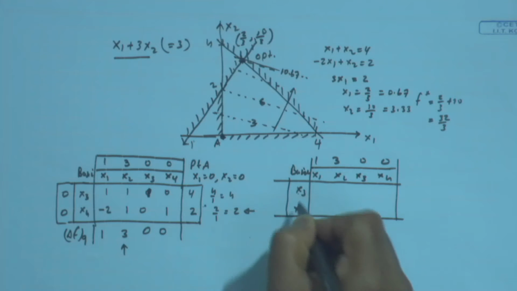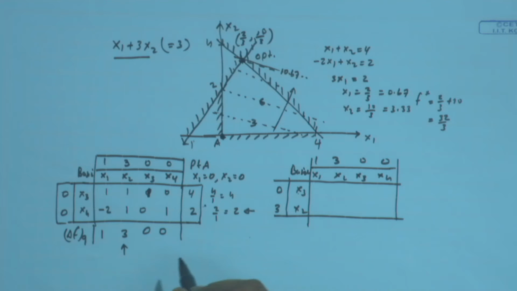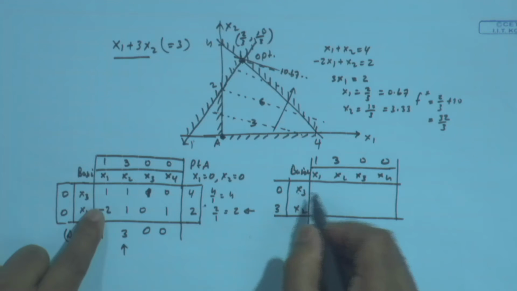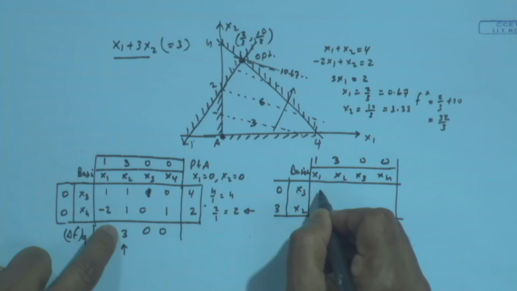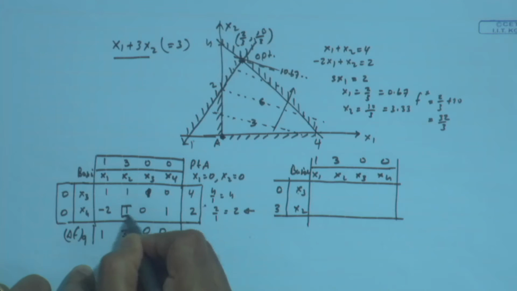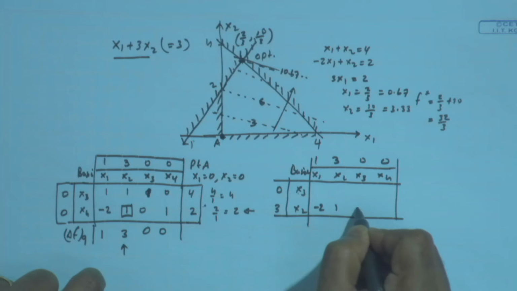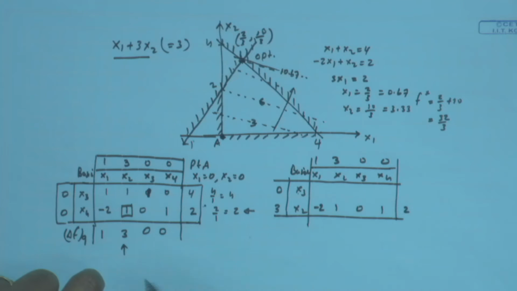So I'll immediately bring coefficient 3 here, 0 here. x2 is the pivoting one, so I have to keep that, and that is 1. I just keep it because I want to make this 1, so this will remain the same. Now the top one, I have to make this one 0, 1, 0.